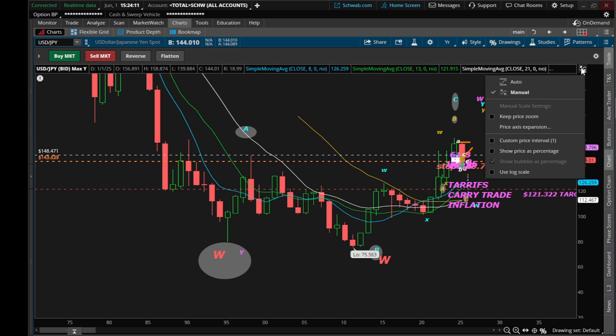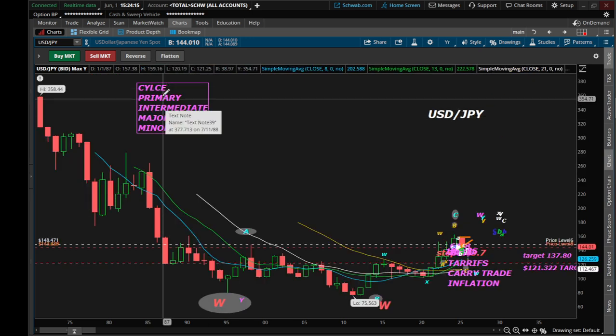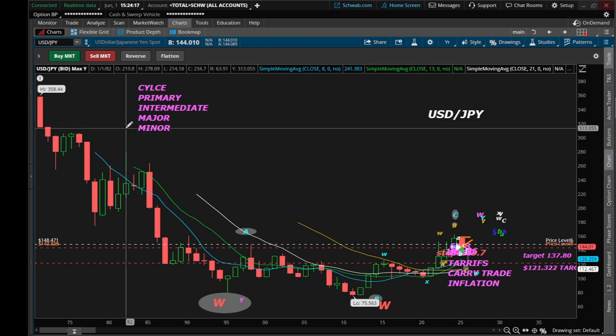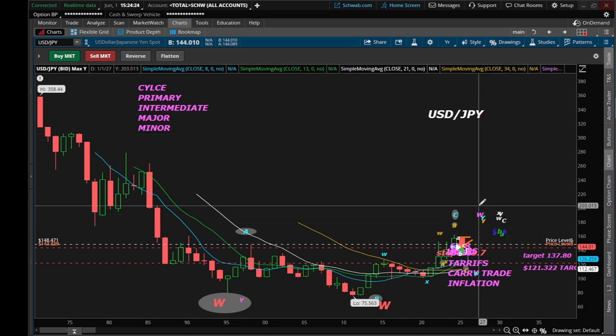So let me zoom out again real quick. You have cycles the biggest, and minor being the smallest degree. Okay, so here's our primary in purple.